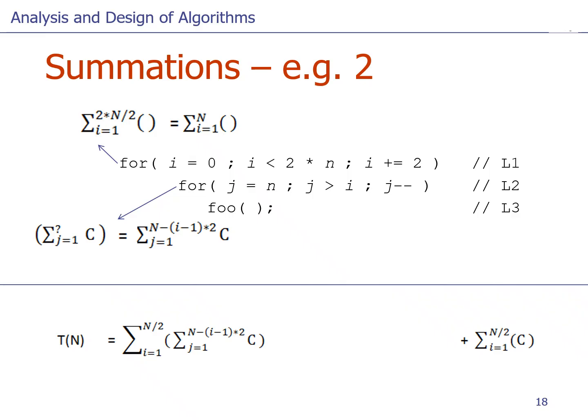I have split my summation into two portions, and the one on the left is representing when the outside for loop and the inside for loop, the I for loop and the J for loop, were both running. And then there will be a span of time where the outside for loop is only running and the inner for loop, the J for loop, is not running. So I write another summation for it.